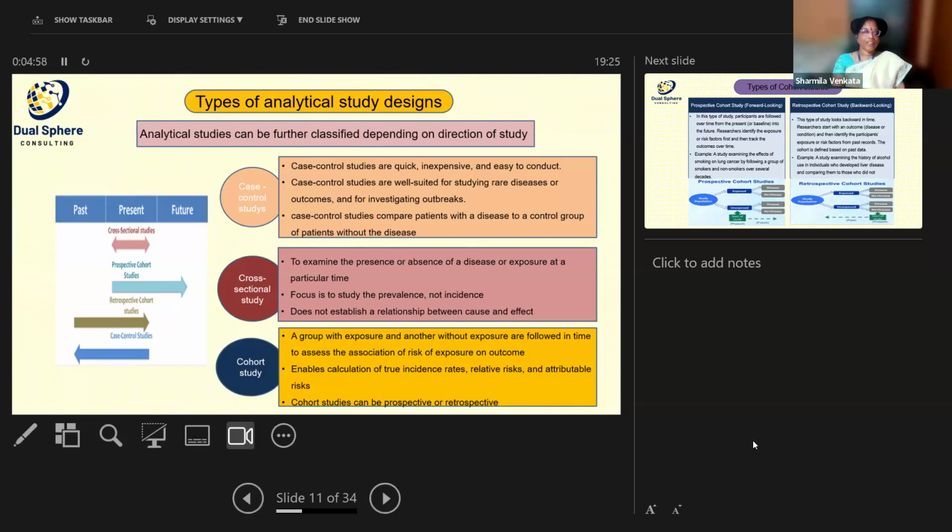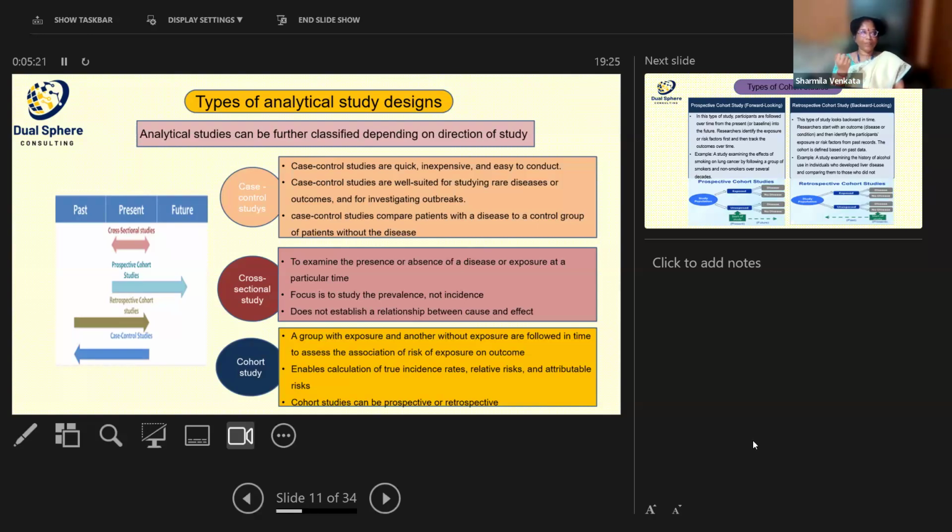Okay, and if it comes to cohort studies, they follow exposed versus unexposed groups over time. For example, smokers versus non-smokers followed to see who develops lung cancer. What are the pros? Stronger evidence, incidence rates, and relative risk.